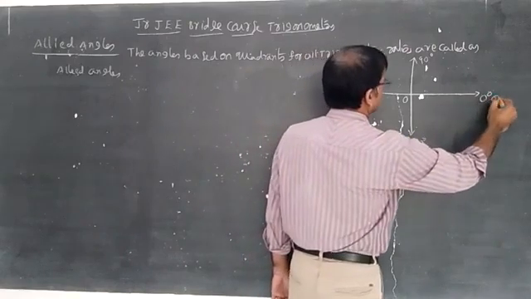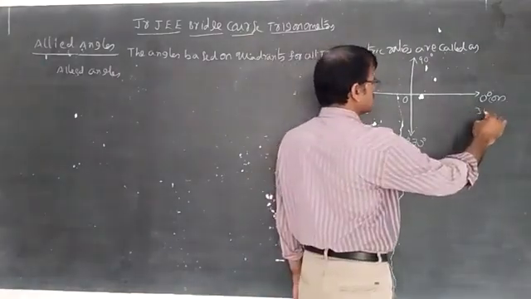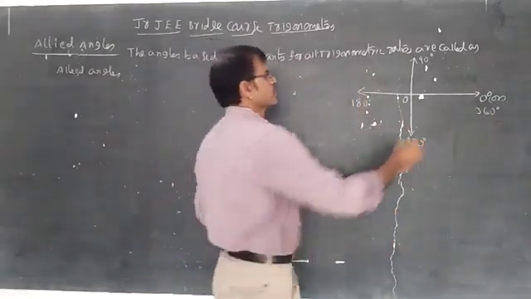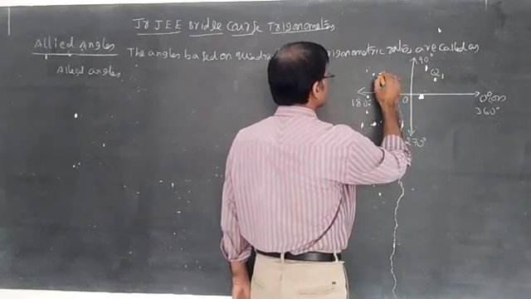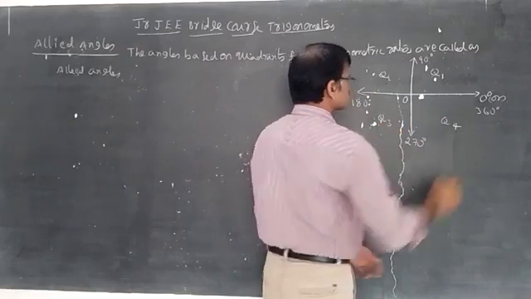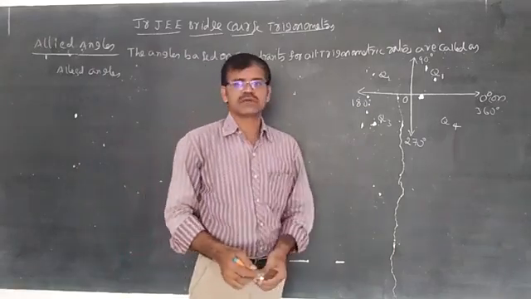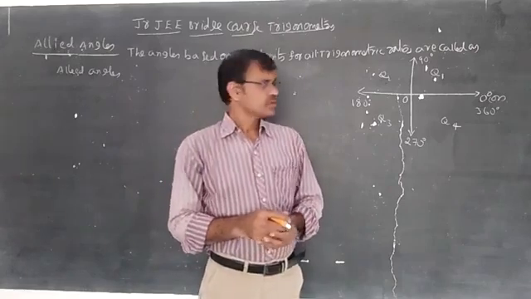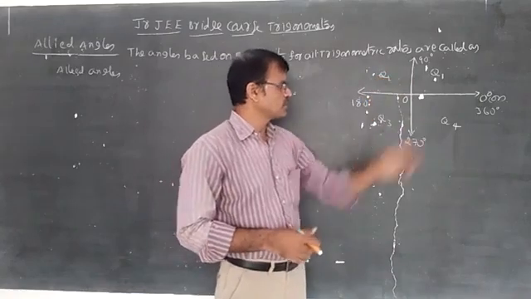And again, this is 360 degrees, 0 degrees or 360 degrees. We can notate here, this is Q1, this is Q2, this is Q3, this is Q4. The coordinate system is divided into 4 equal parts. The parts are called as quadrants. Q1 means first quadrant, this is second quadrant, this is third quadrant, this is fourth quadrant.